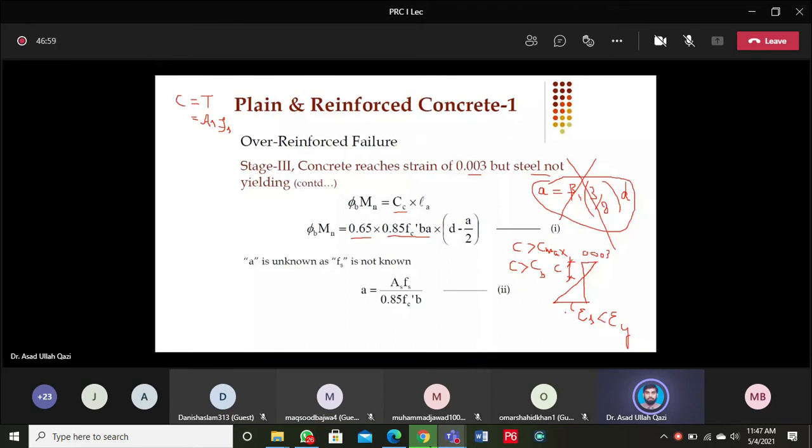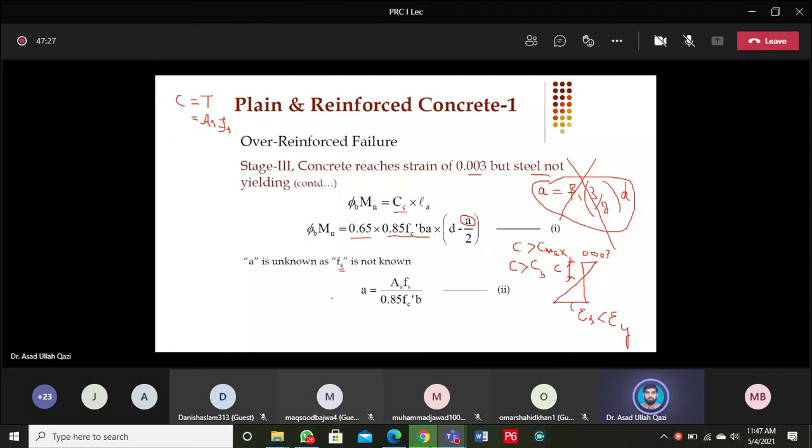So in order to determine this capacity, a will become a challenge for me, that what a I should put here. It is unknown. Since epsilon s is not known, so Fs value is not known to me. If it is grade 420, I am not sure it is at 200, 300, 350, what stress.